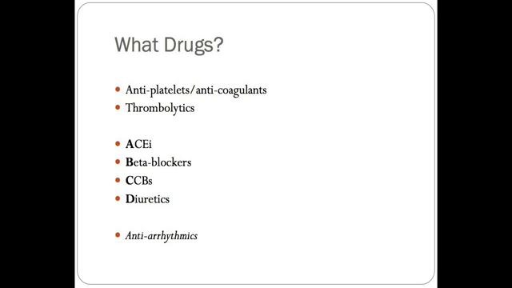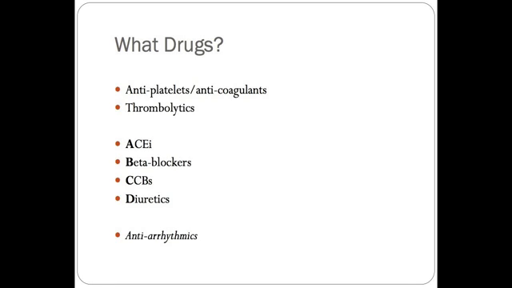Aspirin has really made a huge impact on reducing the mortality following myocardial infarction. Thrombolytic therapy as well, in patients who are having an ST elevation myocardial infarction, but for example might not be eligible to have percutaneous intervention.